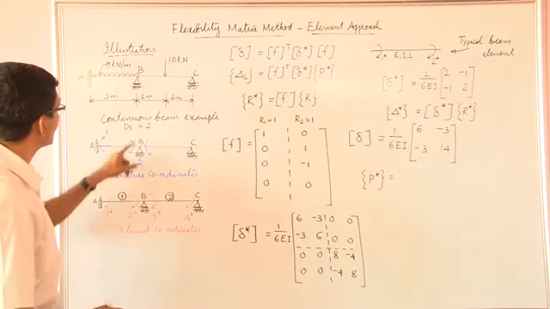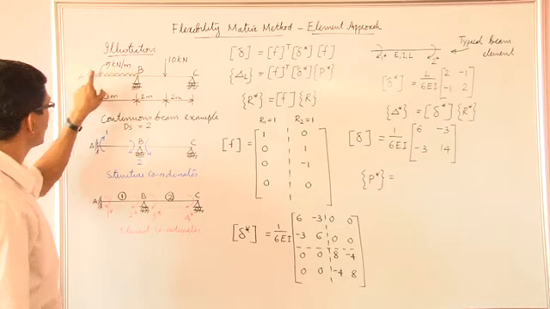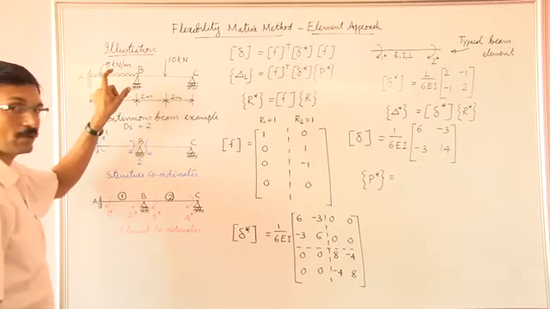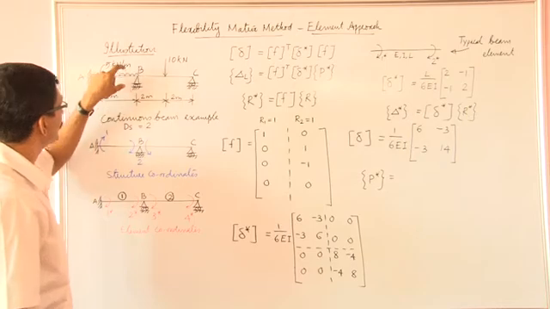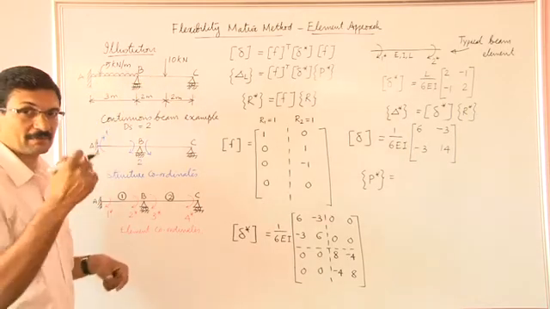If you find out the fixed moments due to the externally applied forces at these two ends of this span, we have already derived the fixed moments due to a UDL acting in a span throughout in one of the previous lectures.